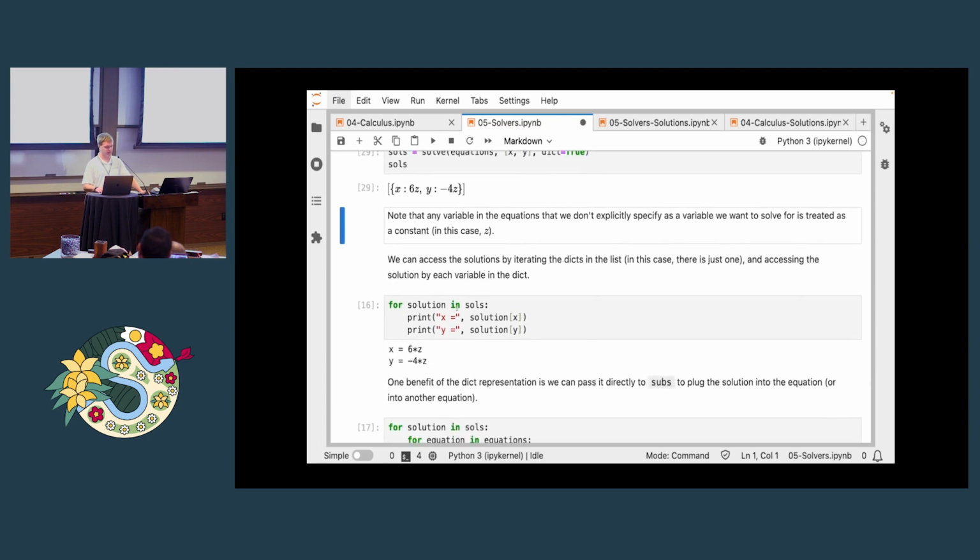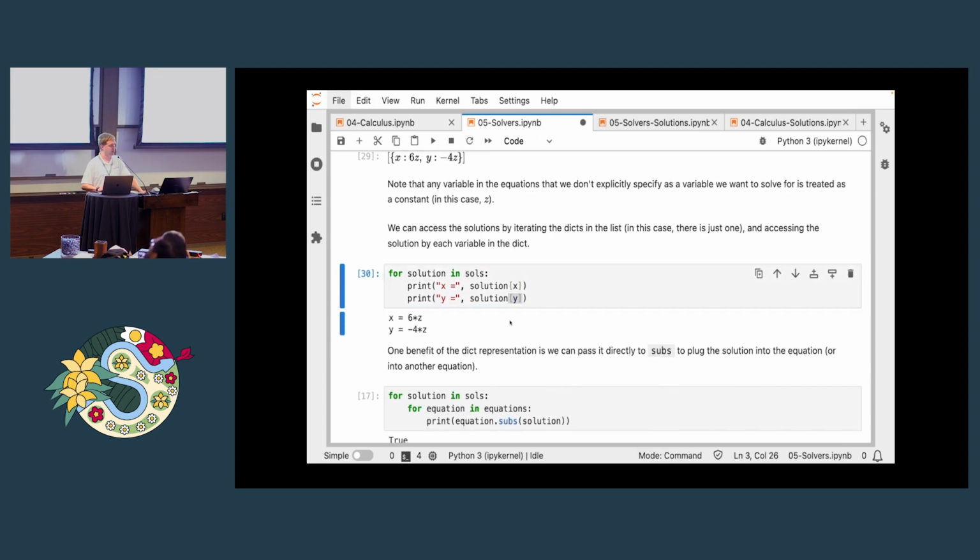Just as with solve, if you want to access these, it's just a list, and the dictionary keys are the variables. For example, I can iterate through this list, and each solution is a dictionary. I can access the x solution as solution with the x key, and the y solution as solution with the y key.